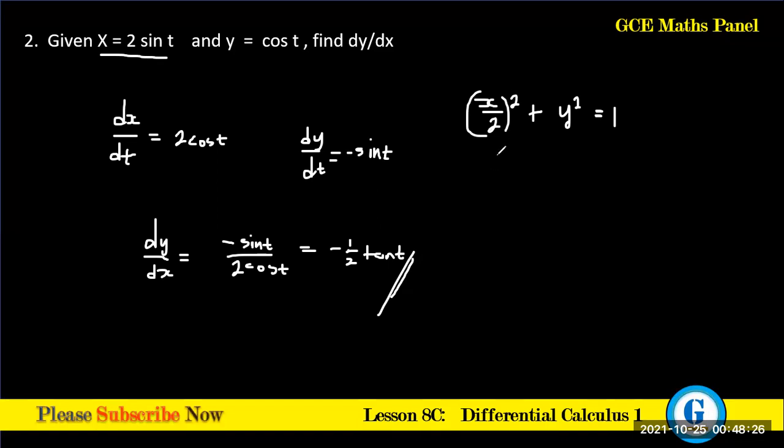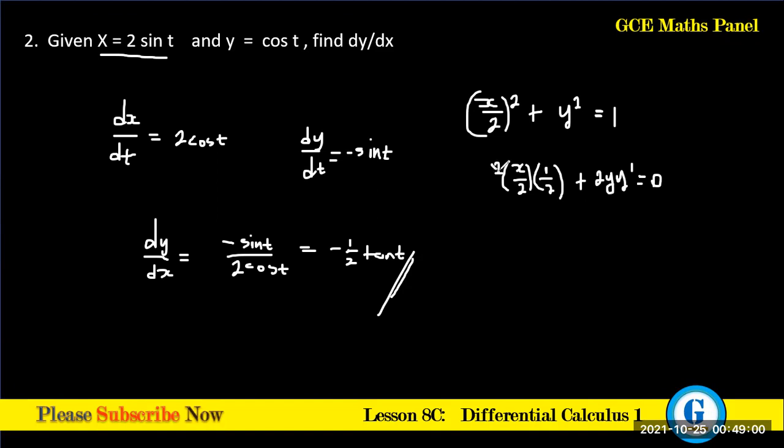To differentiate this, we'll have 2 times x on 2 to the power 2 minus 1, that will just be x on 2. We now differentiate the core. We are going to have a half, plus 2y dy, so 2y y prime, is equal to 0.